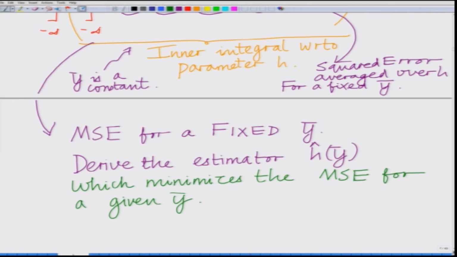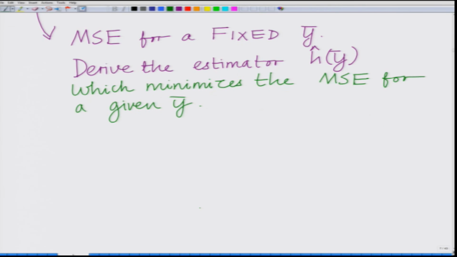So, now how do we derive the estimate which yields the minimum error for a given y bar? Look at this, we have this expression for the mean squared error for a given y bar: integral of h hat y bar minus h whole square, p of h given y bar, d of h.